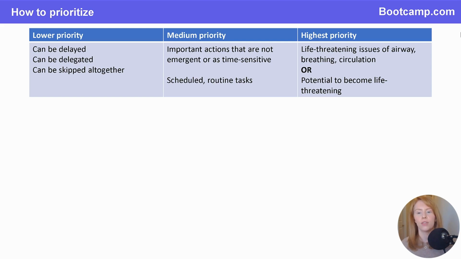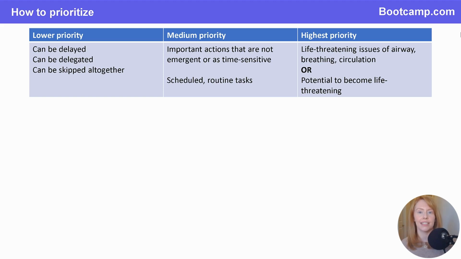And then we also have those things that don't look like issues of airway, breathing, or circulation on the surface, but have the potential to very rapidly progress to a life-threatening issue if they remain untreated. So one example might be if you have a child with appendicitis. They're stable 1 minute and then the next they have signs of appendix rupture. So they have a board-like abdomen, a really high fever, a really, really tender abdomen to where you can barely touch them.